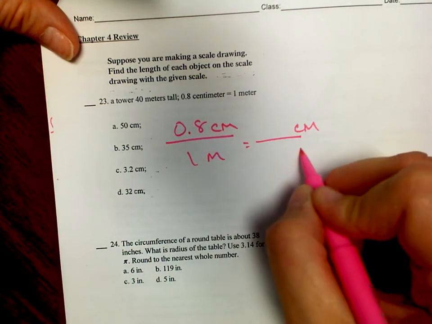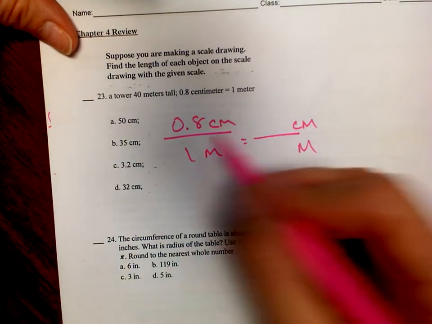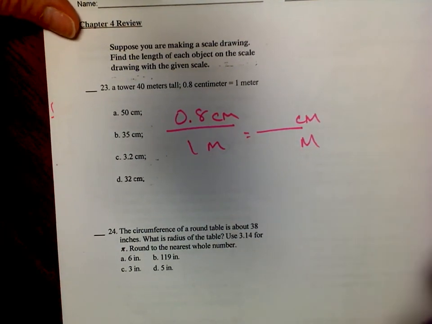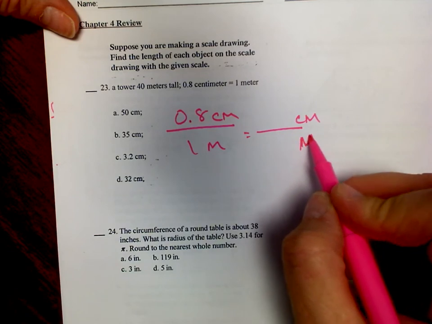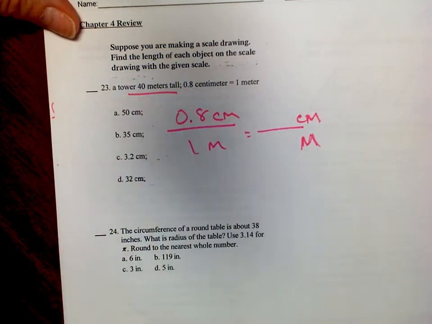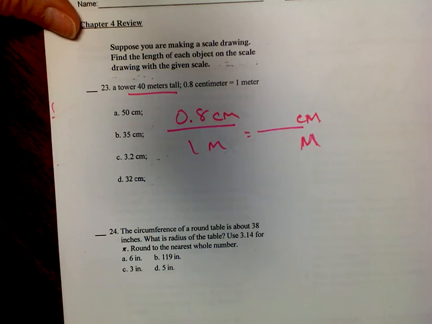So go ahead and label. This helps me out with how I'm going to label things. The meters will go here and the centimeters will go on top. The tower is 40 meters tall. You want to find centimeters. So you can fill that in and solve for x.